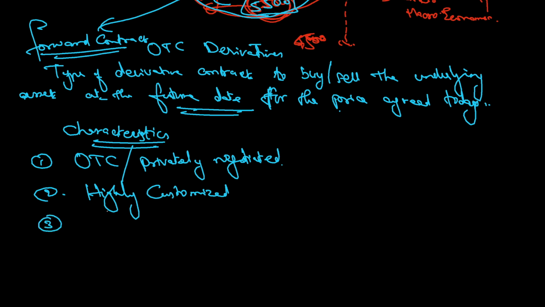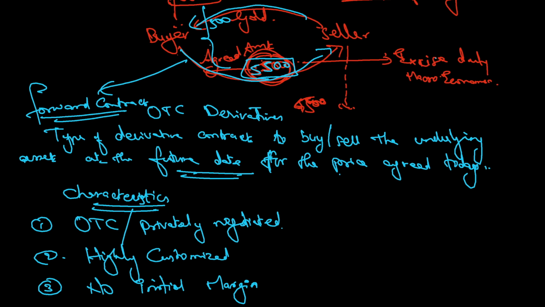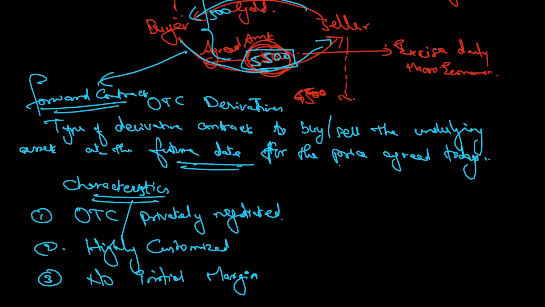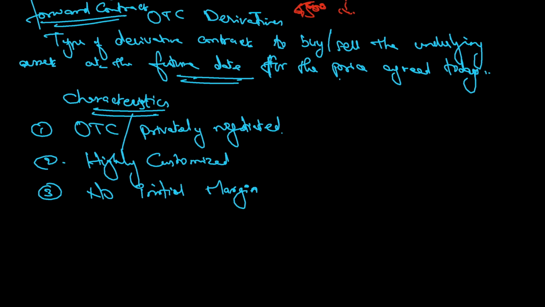Then there is no initial margin. Now what do you mean by this? In very layman language, you can think of it as no advance payment. Neither the buyer is going to make any advance payment to the seller, nor the seller to the buyer. So technically it is called no initial margin in this contract. And because there is no initial margin, there is a high risk of default.